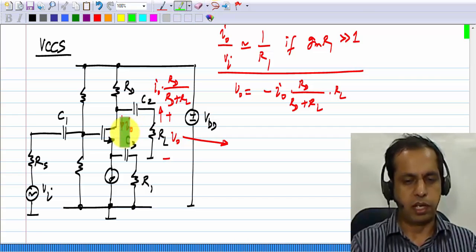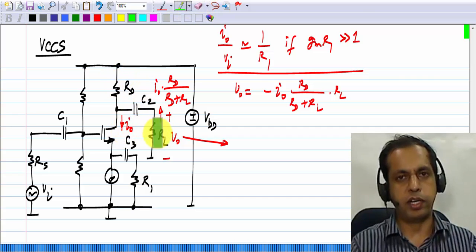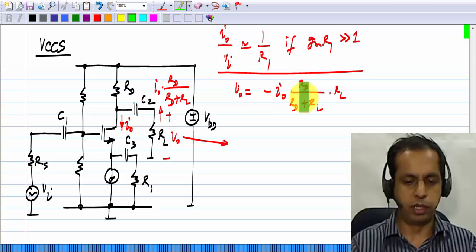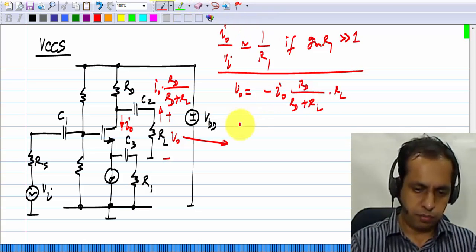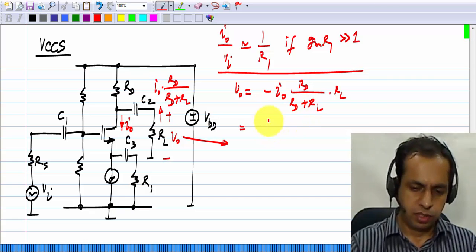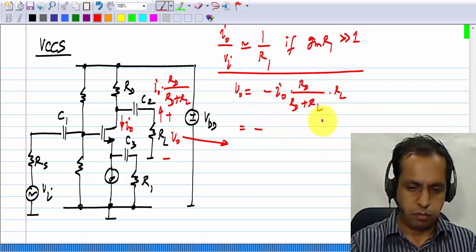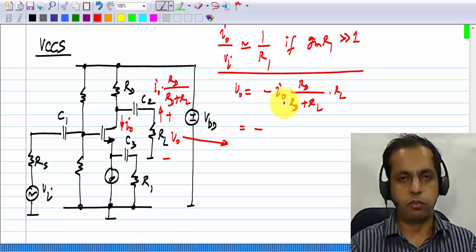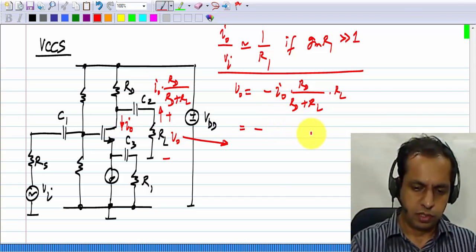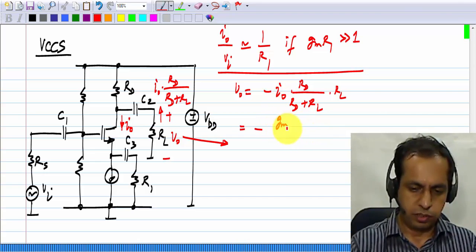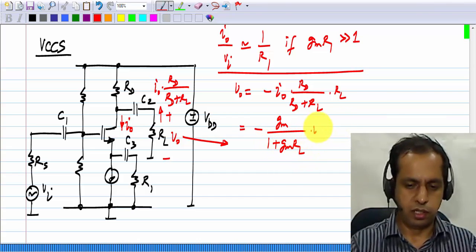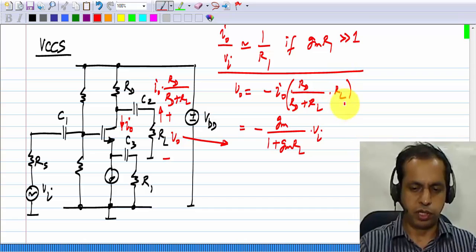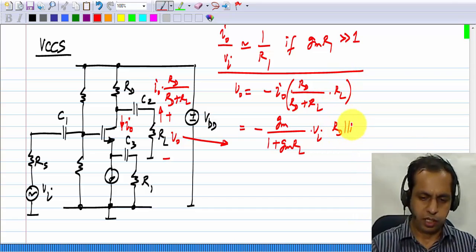Basically, this I naught is going through a parallel combination of RD and RL, and because of its polarity, we get a negative sign. And if I expand this out, the exact value of I naught, by the way, is Gm by 1 plus Gm R1 times Vi, and this quantity of course is RD parallel RL.